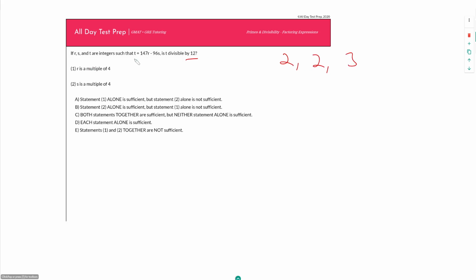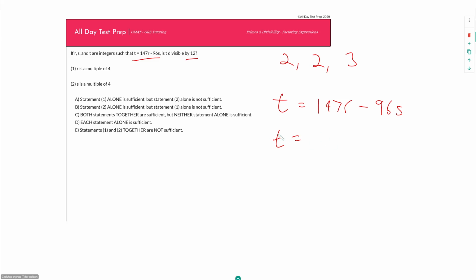And so, if we want to, we know t is equal to 147r minus 96s. If we want to see what else this might be telling us, we might try and factor this equation here. Then the question becomes, can we factor this? We can use our divisibility rules to see that 9 plus 6 is 15, 1 plus 4 plus 7 is 12. So these should each be divisible by 3.